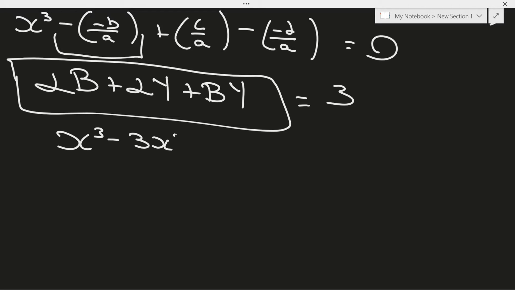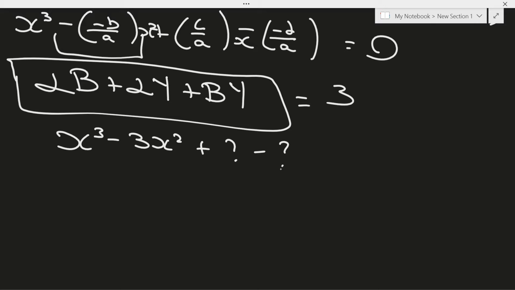I forgot to add x squared here, and this would be x, right? So now we have question mark minus question mark, because we haven't worked these out yet, right?